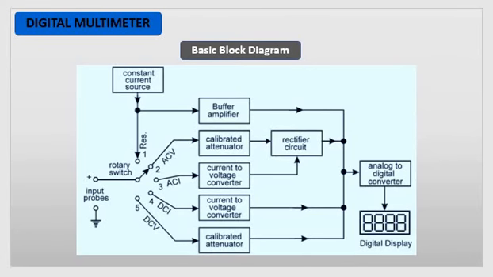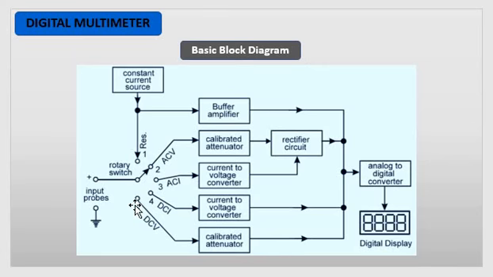So here is the block diagram of the digital multimeter; this is the basic block diagram. Depending on the measurement parameters, if they are increased, accordingly there are some changes in the block diagram, but this is the basic block diagram which is used for the measurement of AC voltage, DC voltage, AC current, DC current, and resistance only.